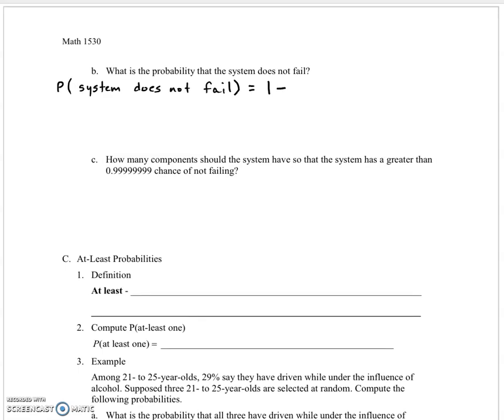So it's 1 minus the probability the system fails. We calculated the probability that the system fails in part A. So we just take 1 and subtract that. And so we get the probability that the system continues to work is 0.99973.